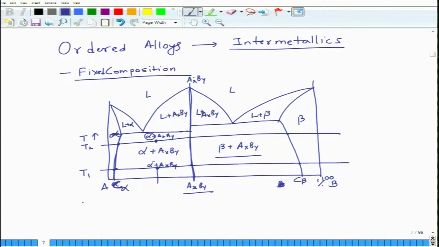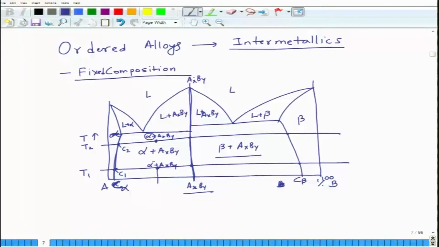So, at one temperature alpha had a composition of C1, at this temperature alpha has a composition of C2, but AXBY has the same composition all throughout. This is a line compound, which means it has a fixed composition and it forms only at that particular composition.